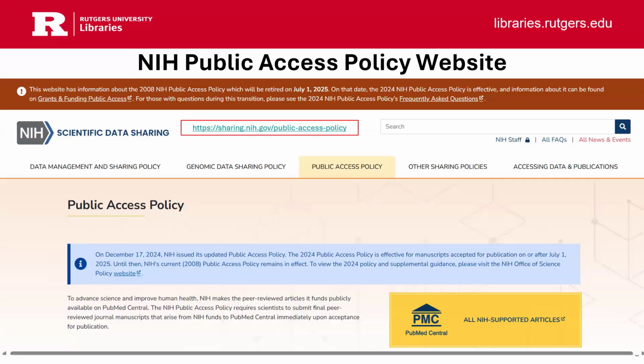When the work resulting in an author accepted manuscript is funded by multiple NIH funding sources, then the multiple NIH award numbers can be linked to the submission on July 1. So read the website for more information. I assume more information will be added very soon.